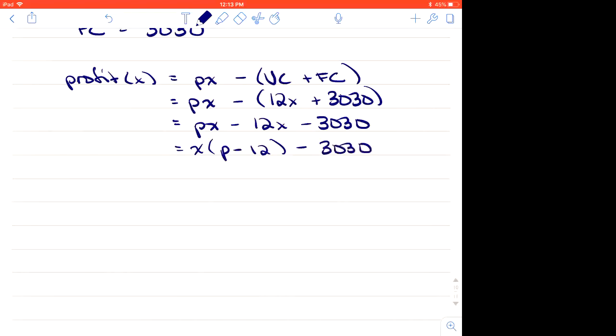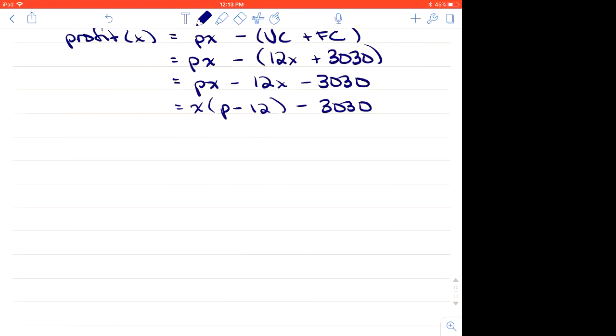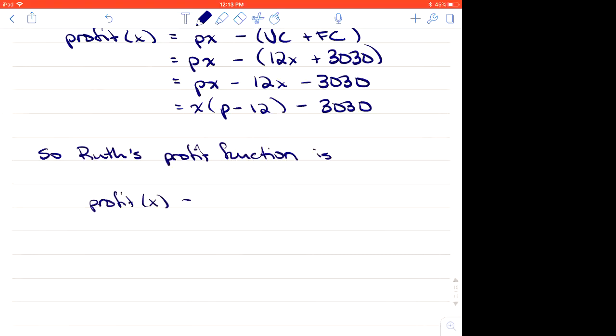And that's as far as we can take it, but that's your profit function for part A. Just to emphasize that that's the end: Ruth's profit function is profit of X is X times P minus 12 minus 3030.